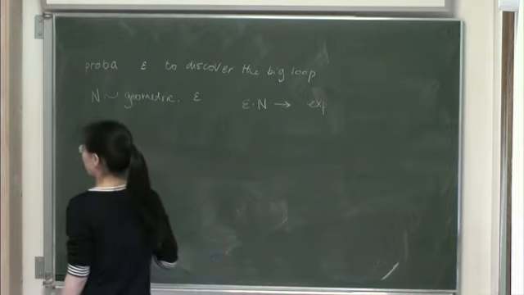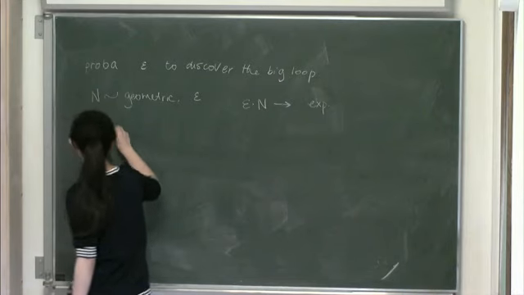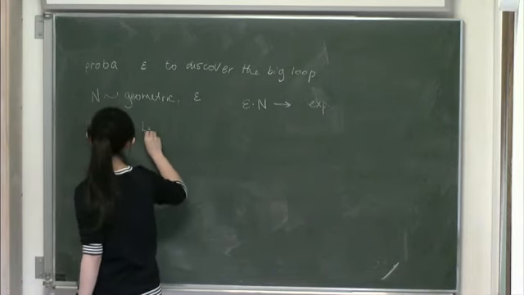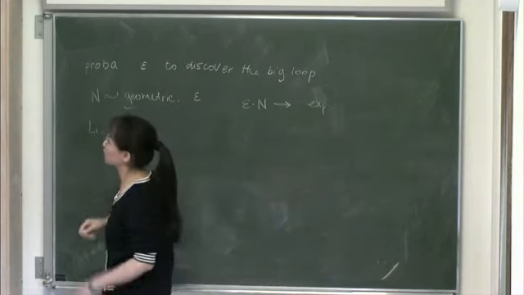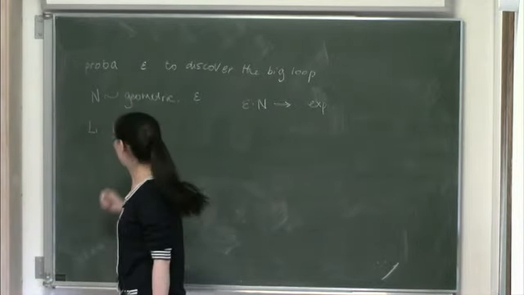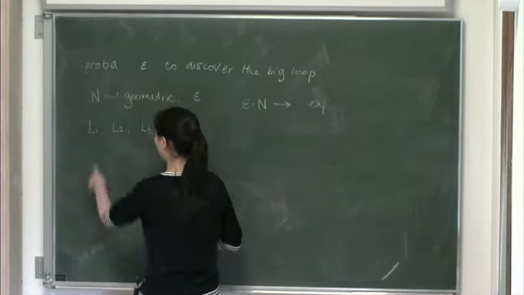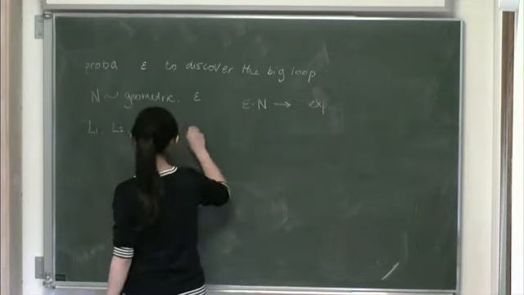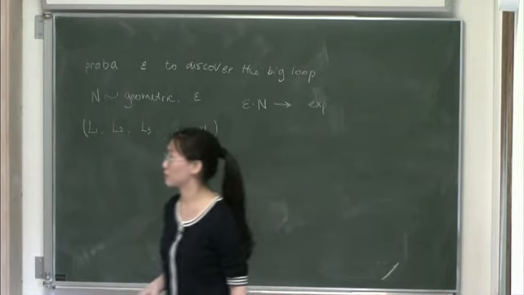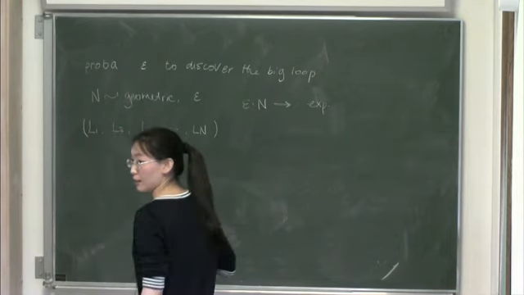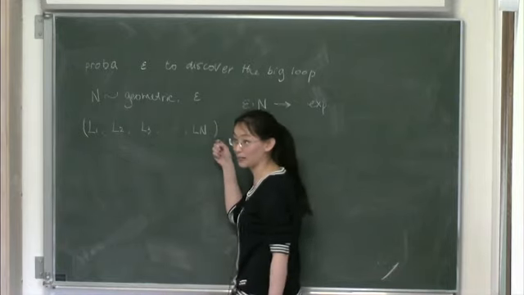So now what we do is, this is our discrete exploration. At each step, we discover a loop. We may discover many loops, and suppose this is the largest loop we discovered at each step. So L1, L2, L3, up to Ln is a sequence of loops we discovered from this discrete exploration process, and now we normalize this sequence by its index.